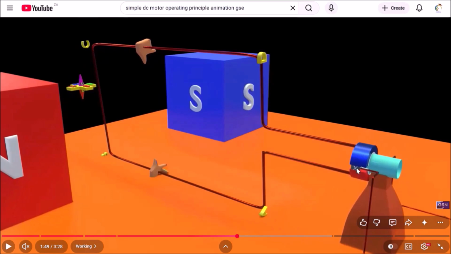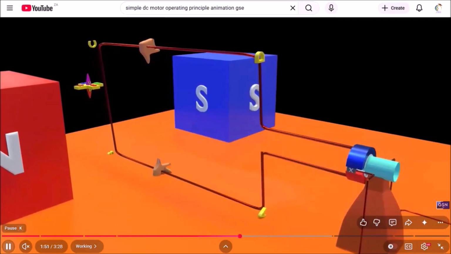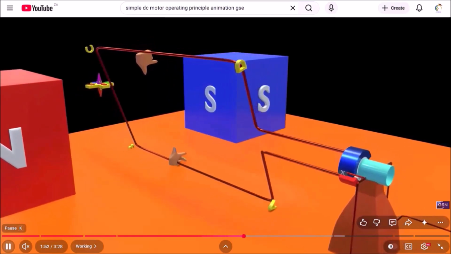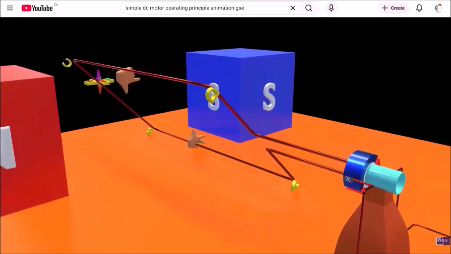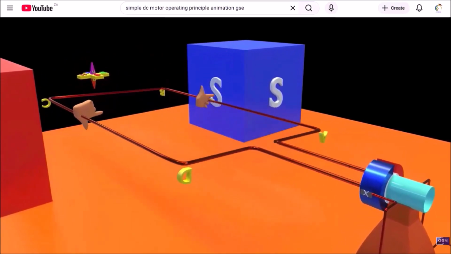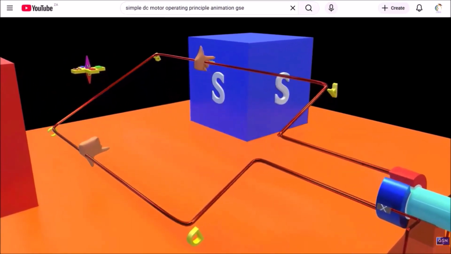After every half turn, the direction of the current is reversed because there is a change in contact between the brushes and the split rings. So it will continue to rotate in an anti-clockwise direction.